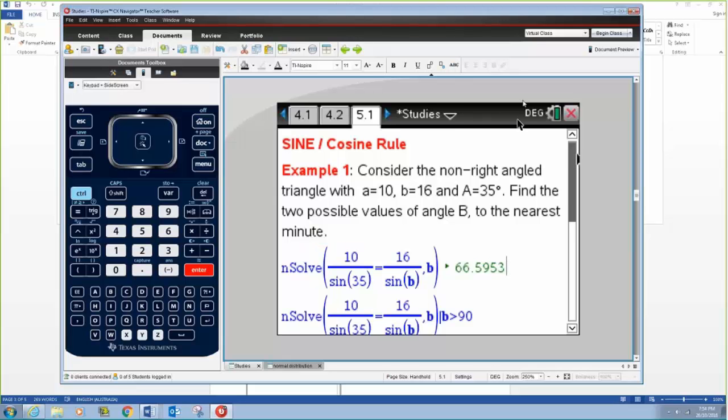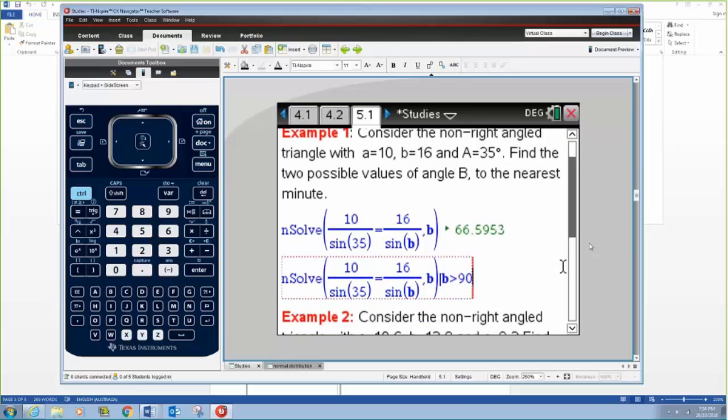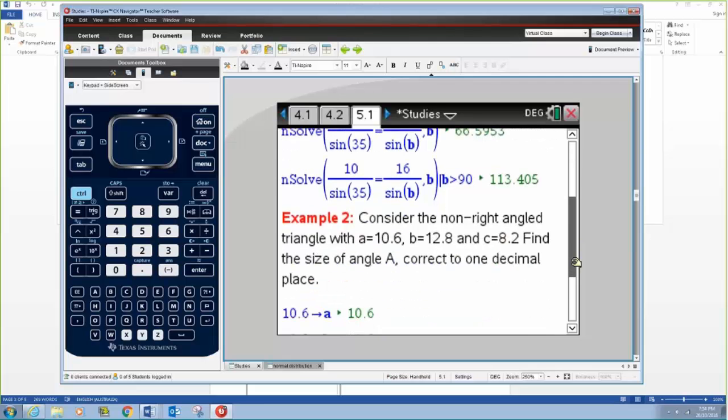Notice that I have this document in degrees, as the students should be. Now, if it is a standard level question and they ask for the ambiguous case, we can put, given that b is greater than 90, and that gives us the other angle. So that could be for standard level and higher level finding the ambiguous case if it applies.